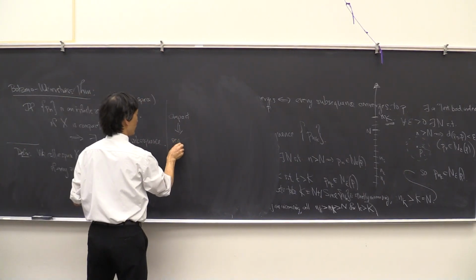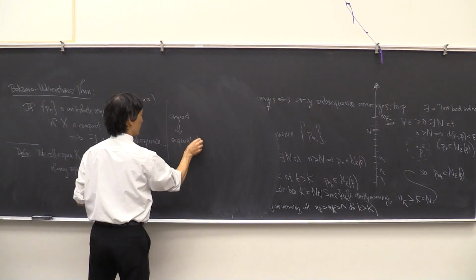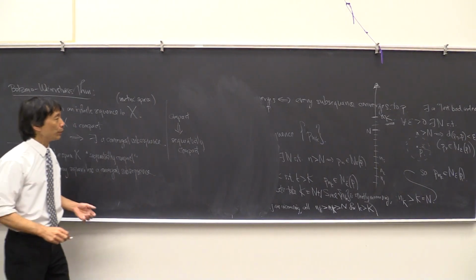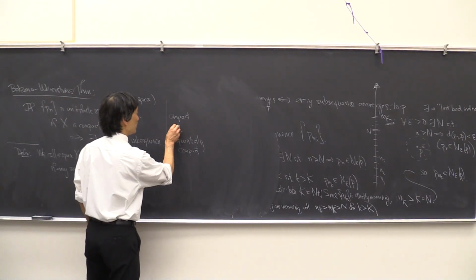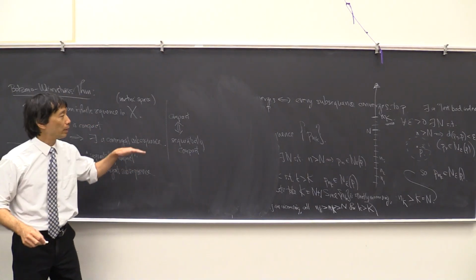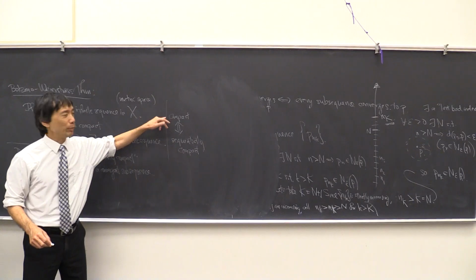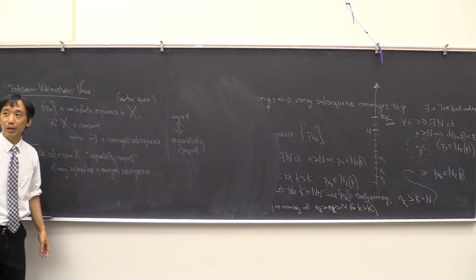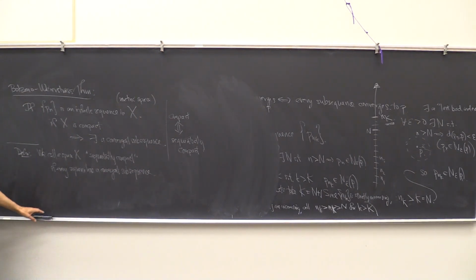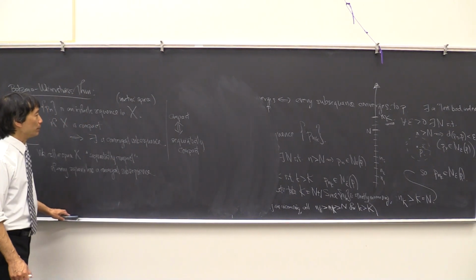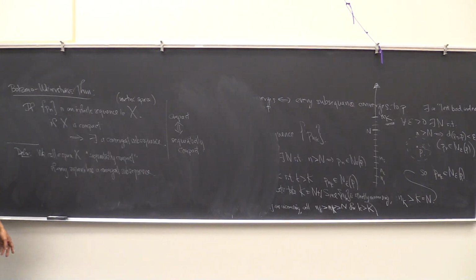Compact implies sequentially compact. It is true in the context of metric spaces that the opposite is true, that sequentially compact also implies compact. But the proof of that is a little bit involved, so I'm not going to give it. Just know that it's true. We're only going to prove the easier half of that.